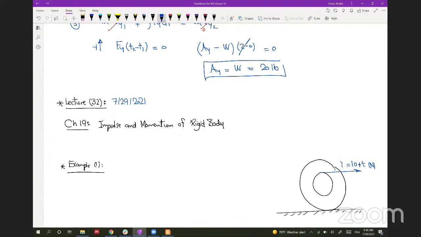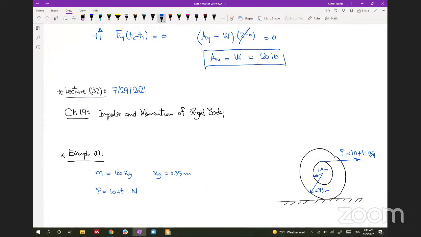So let's call this B, and the disk has two radii. The first one is 0.4 meter, and the second one is 0.75 meter. You are given that the mass of this disk is 100 kilogram, and the radius of gyration is equal to 0.35 meter. And you know that you can use this piece of information to get the moment of inertia. You're also given that B is equal to 10 plus t Newton.